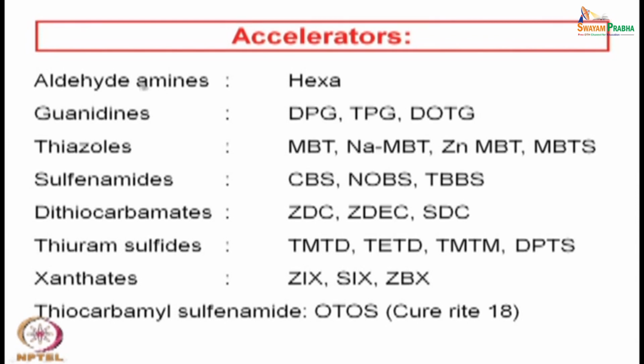Their speed of reaction with sulfur to form sulfur cross-link bonds differs depending on their chemical structures, and that is why proper selection of a suitable accelerator from this list is necessary. Some are very fast accelerators, some are slow, some are medium fast.